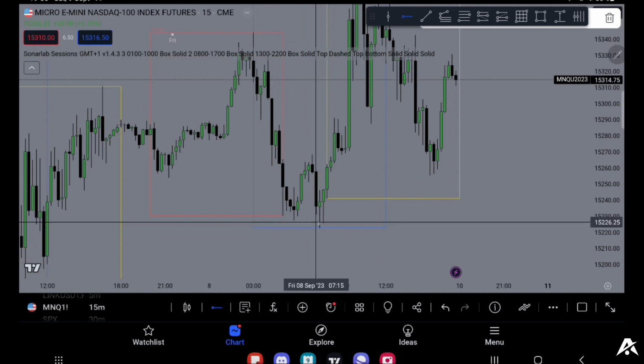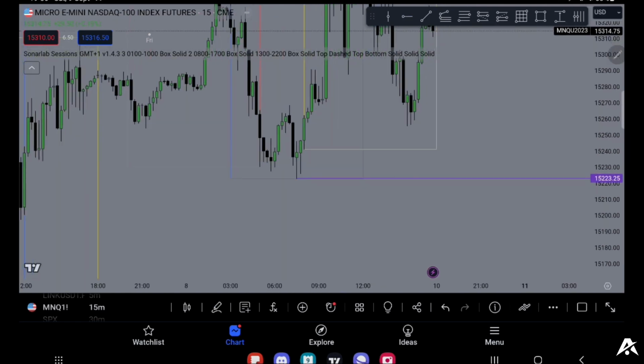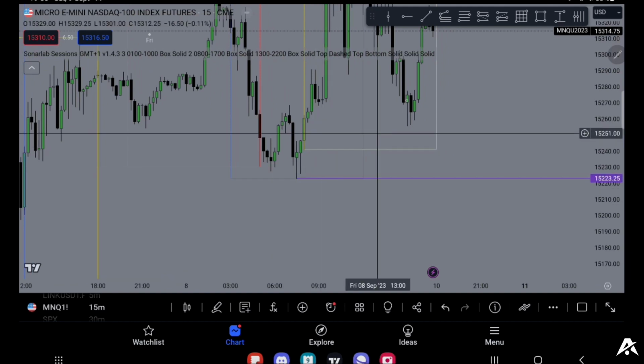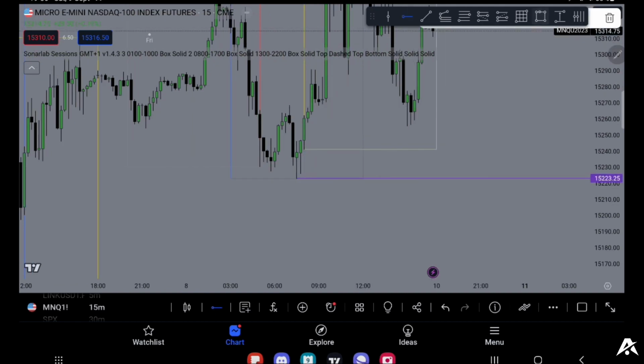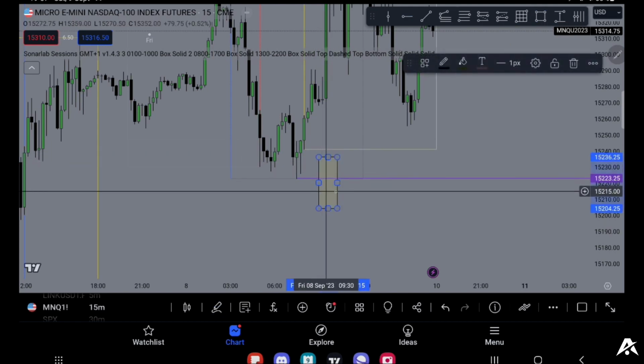If you're in London and you've made your low, let's say you have a candle that closes below, let's say you have a candle that closes like this.